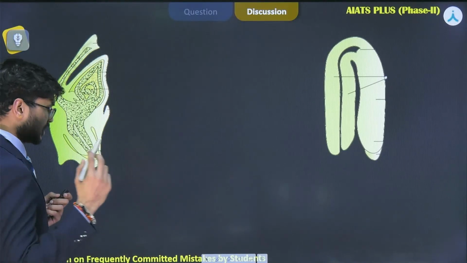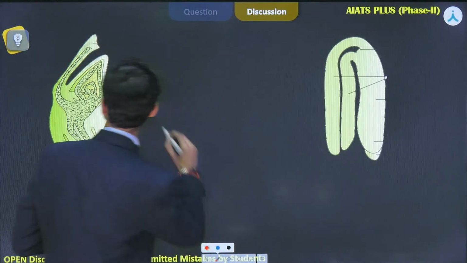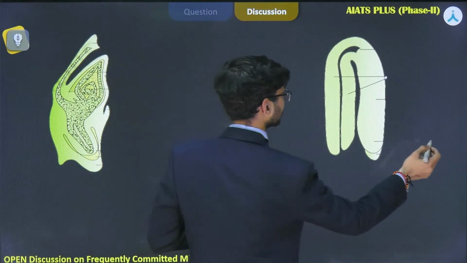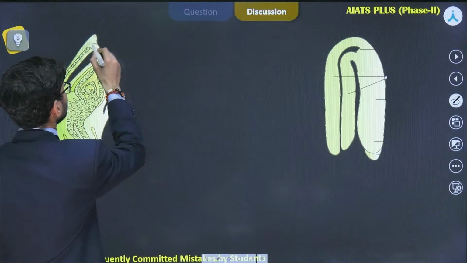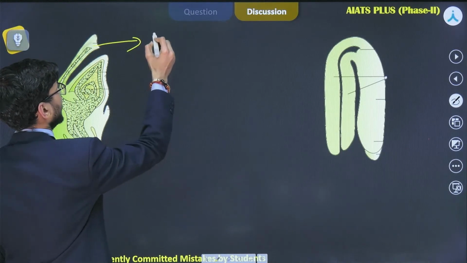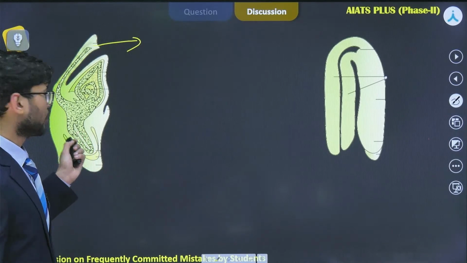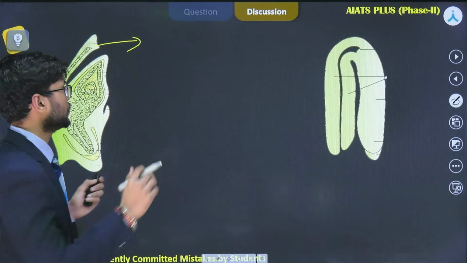So tell me, the structure that you see here is a cotyledon. Okay, in case of monocots it's cotyledon. Now monocots are of single cotyledon, and the single cotyledon is called as scutellum.